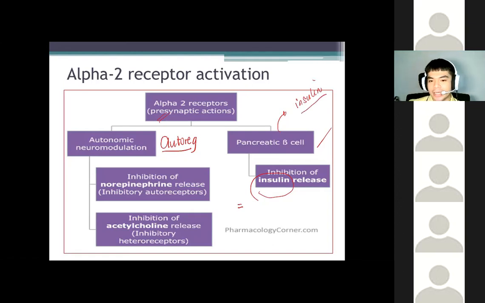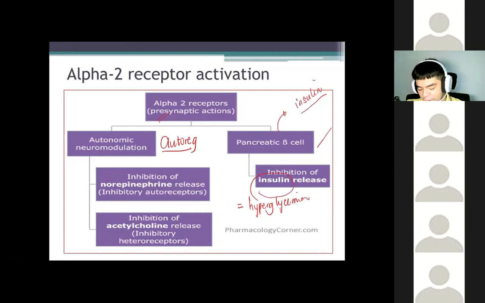So pag na-secrete siya ng ating pancreas at napunta sa dugo, it lowers blood sugar. Ang effect ng presynaptic alpha-2, pinipigilan niya yung pagpunta sa dugo ng insulin na i-store sa pancreas lang. Oh, what's the effect in the blood sugar? Less or more? Yes, more. So the effect is hyperglycemia. So I repeat, the effect is hyperglycemia.